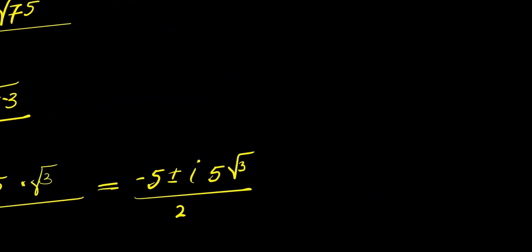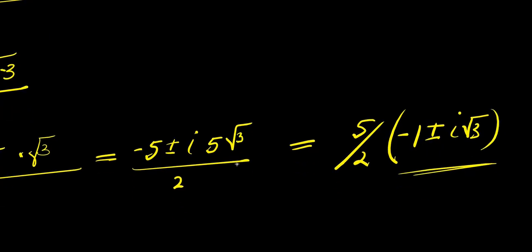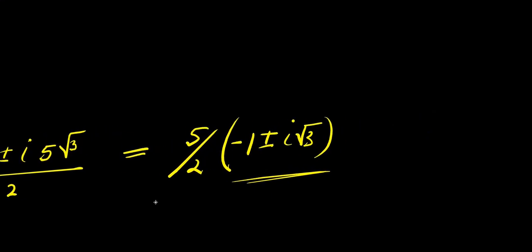So from here, I can factor out 5 over 2. So we'll simply have 5 over 2 of negative 1 plus or minus i times root 3. So I have two complex values for t.